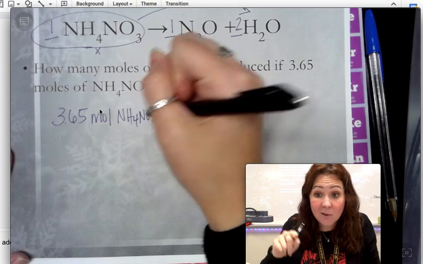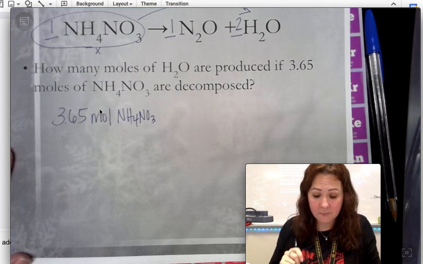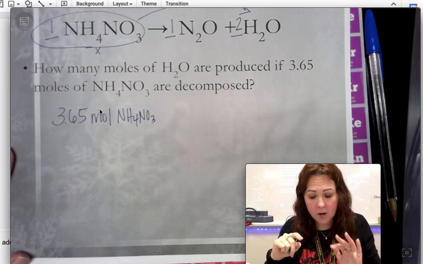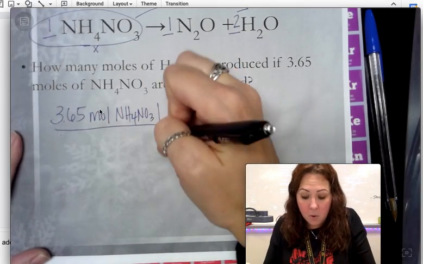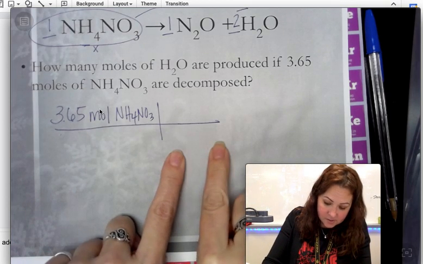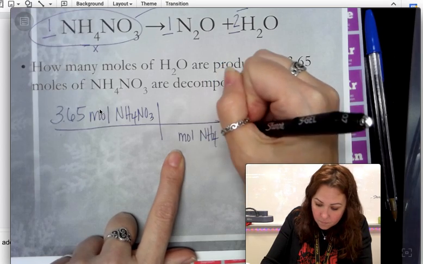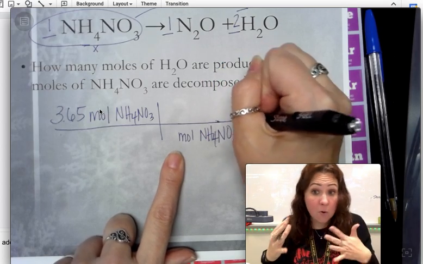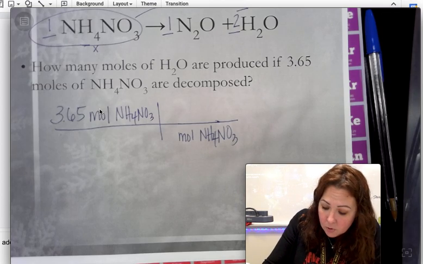I have to get rid of moles of ammonium nitrate and go to moles of something else. So that helps you to keep track of what moles you have. In order to get rid of moles of ammonium nitrate, it has to go in the bottom. Moles of whatever I need is going to go on top. So what I need is moles of water.